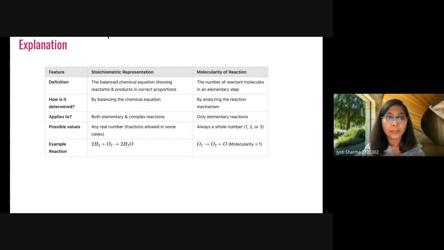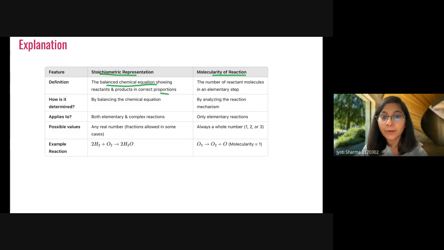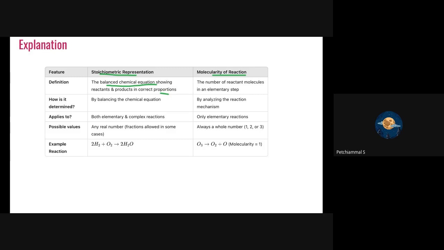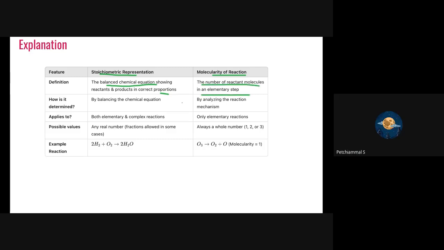There is also a table that gives you the difference between stoichiometric representation and the molecularity of the reaction. The stoichiometric representation is the balanced chemical equation showing reactant and product in correct proportion. The molecularity is the number of reactant molecules in an elementary step.